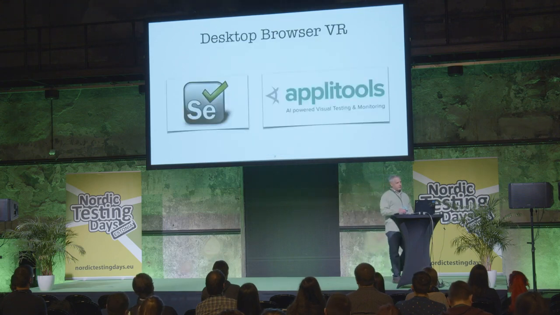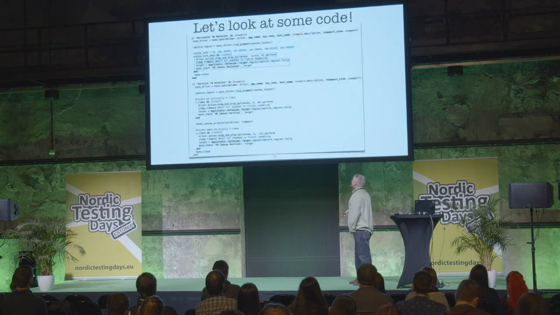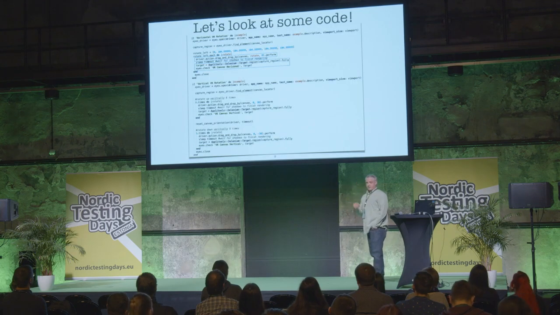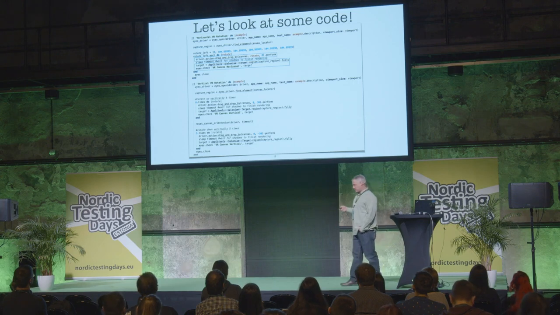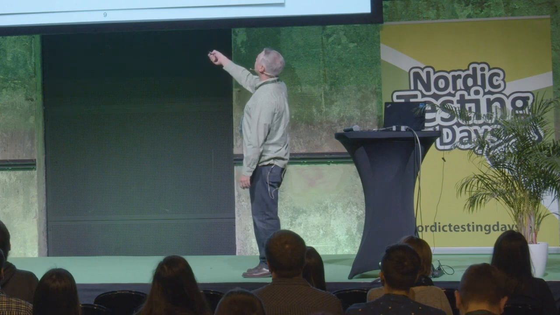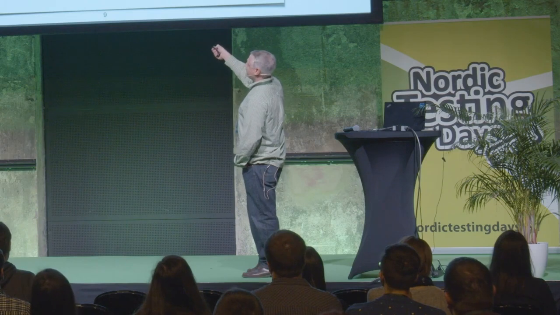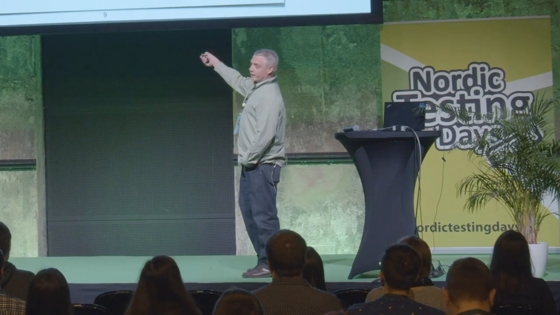So for my first example, I'm going to show you how to automate desktop browser virtual reality using both Selenium and Apple Tools. You can see here an example script in Ruby, best programming language out there. But no, really, it's basically what I use to prototype everything. First we have an array of different values, and I'm going to loop through that array.